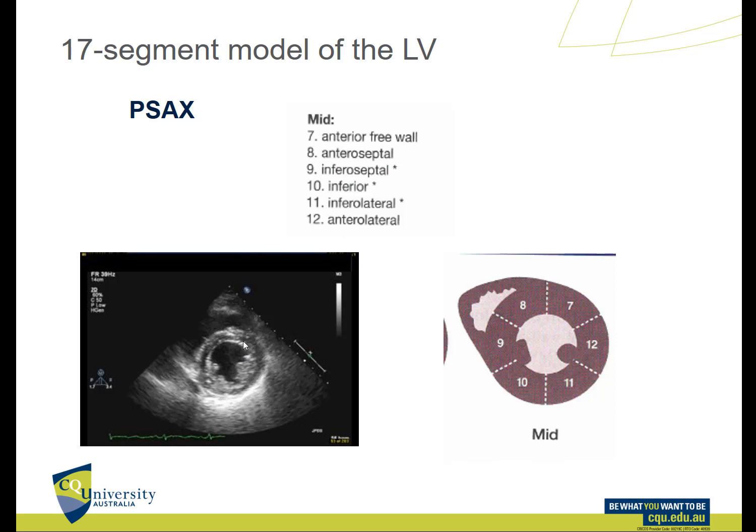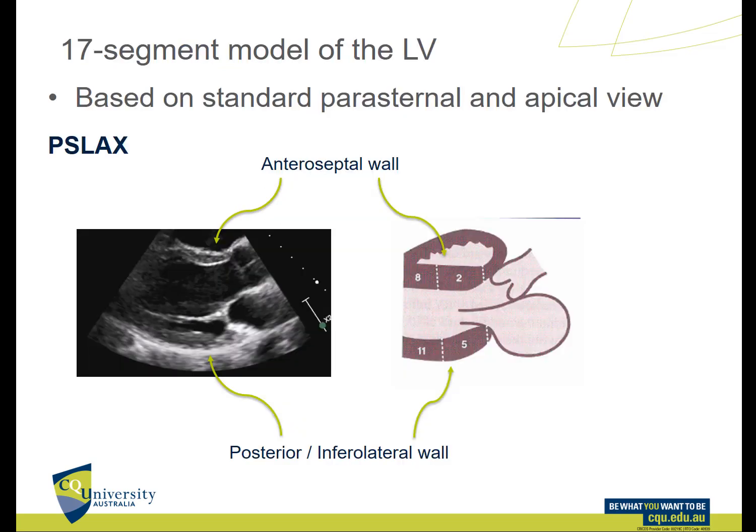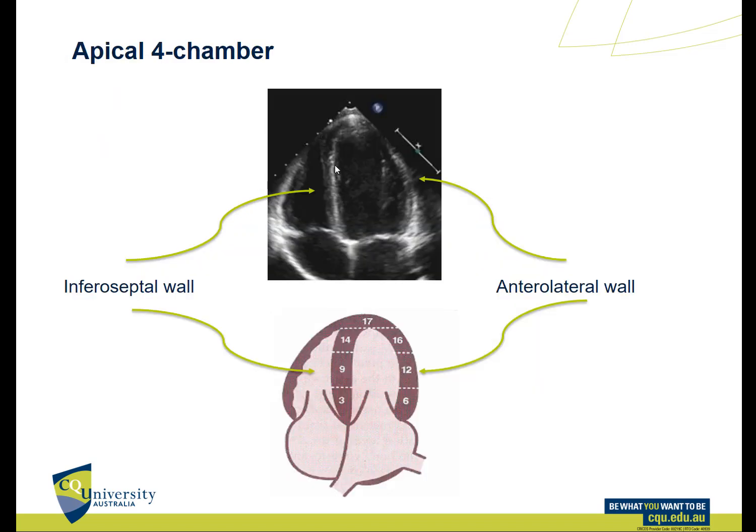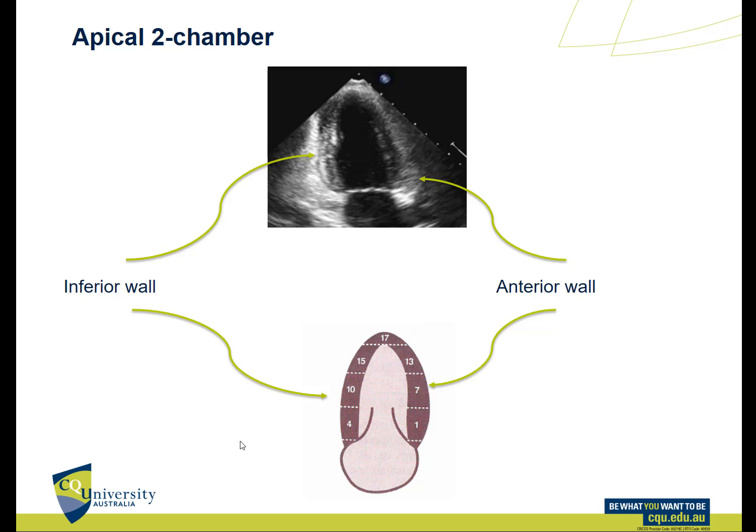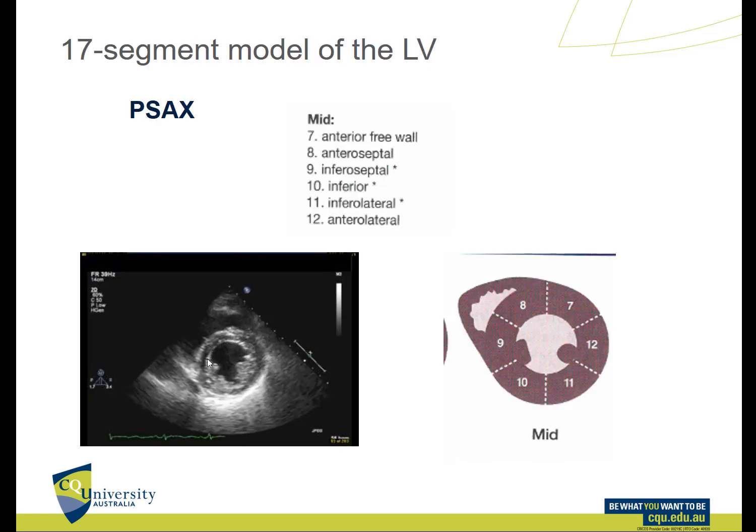We have our anteroseptal wall, our inferoseptal wall, our inferior wall, our inferolateral wall or posterior wall, and our anterolateral wall. So I think now at least you can appreciate that there are almost two segments to the septum. We have this anterior portion and this inferior portion, and just going back, we can appreciate this anterior septal wall and this inferior septal wall, and in cross section we can see them right there.